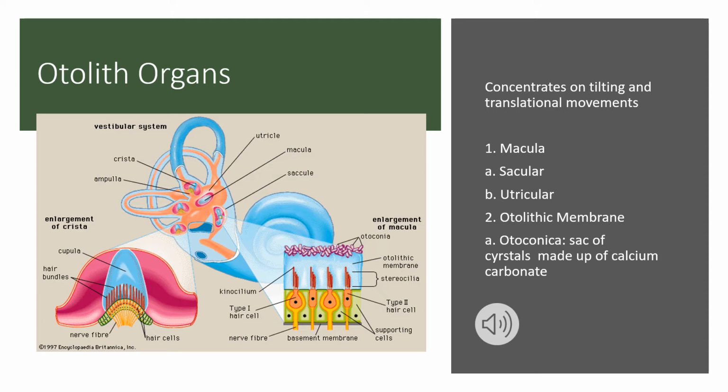A notable fact is that the orientation on one side of the head is mirrored on the other side. As we will learn soon enough, the otolithic organs cannot distinguish between head tilts and translational movements, as it is an overall blanketed movement. The difference can only be spotted by both the otolithic system and the semicircular canals working together.